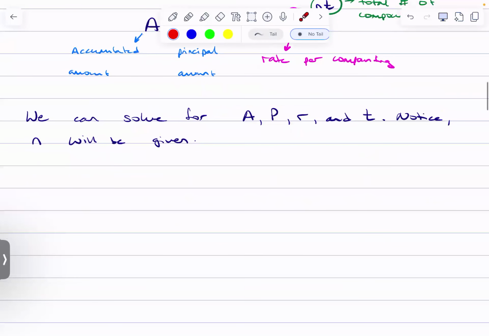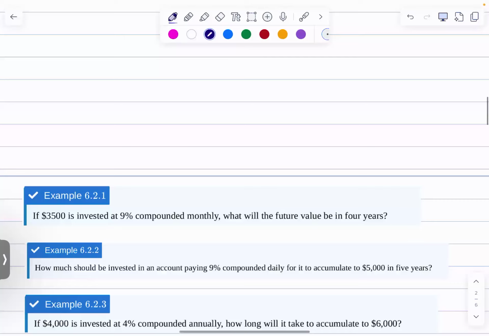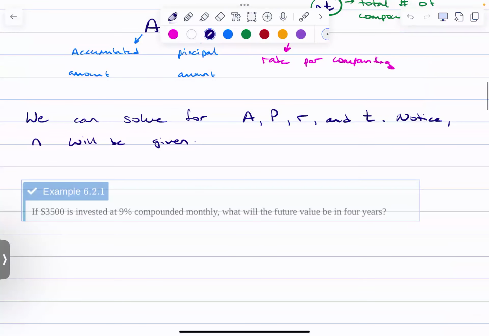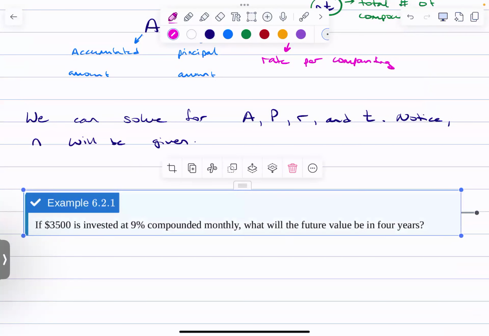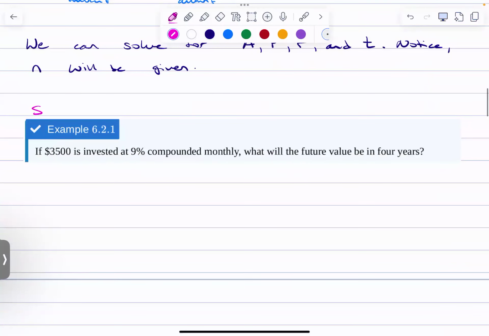And so what I want to do is do some examples where we solve for each of these 4 things. Obviously, we can only solve for one at a time. So here we go. I'll leave a little space so that we can say, as a header, solving for, right?